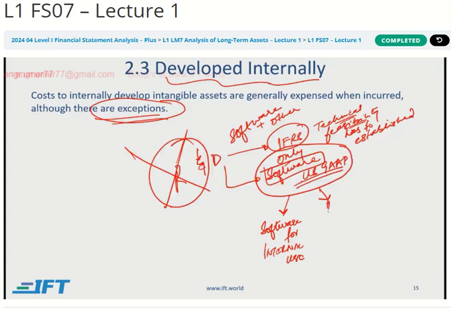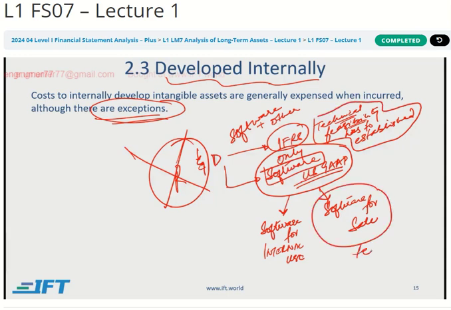Now, the leniency is that software can be for internal use or software for sale. IFRS obviously says that technical feasibility has to be established, right? And US GAAP also says that the technical feasibility has to be established before you can capitalize software for sale, right? What does this mean?